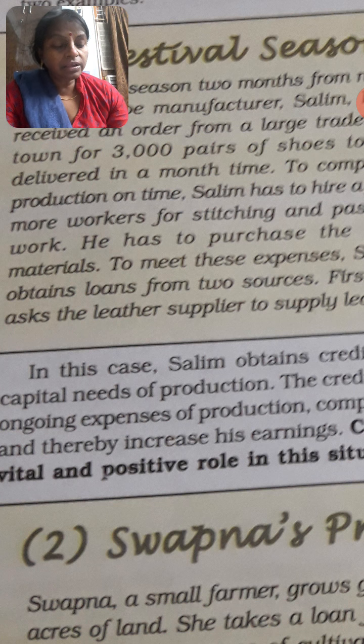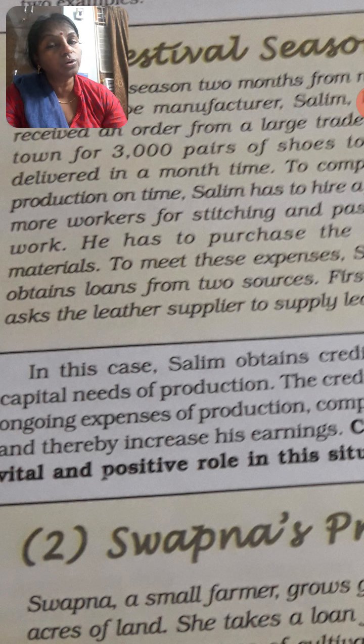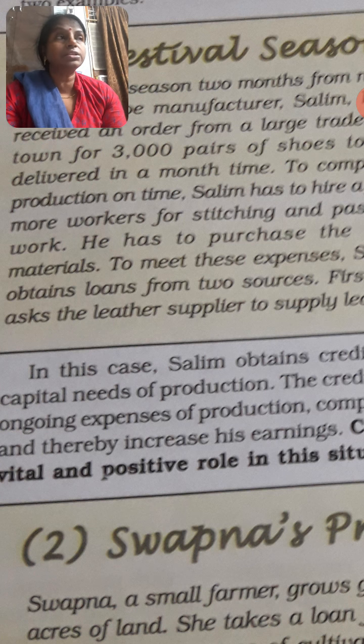And he has become able also to repay the money that he had borrowed from the trader, and to give the money to the supplier of leather also, who has given him advance inputs.